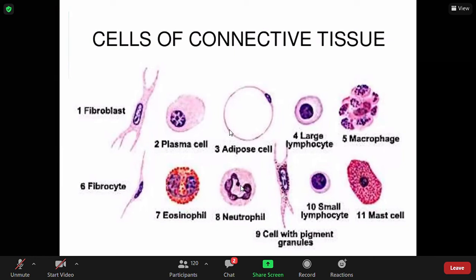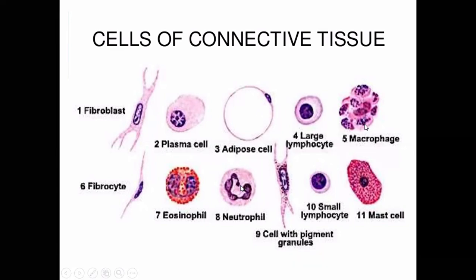And the adipose cell we call the signet ring, like a ring when you have one stone there. I hope it's a diamond stone. And then you have your large lymphocyte, the macrophages, the eosinophil, neutrophils, cells with pigment granules. These are the granules in there. And then you have the small lymphocyte and the mast cells.